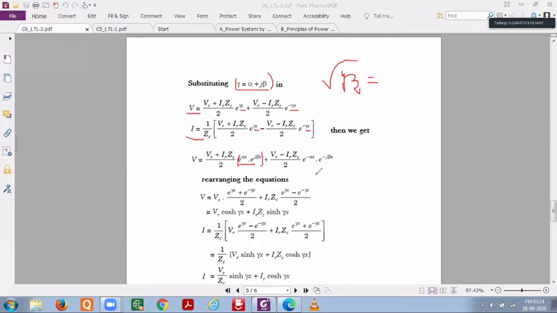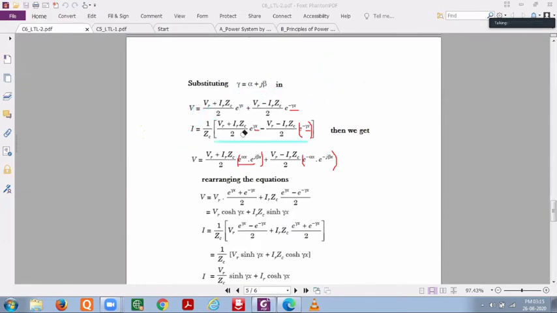Is that correct? Yes, sir. Similarly, e power minus gamma x can be written as e power minus alpha x multiplied with e power minus j beta x. So e power of a sum is nothing but a product. That is your math knowledge, nothing electrical here.